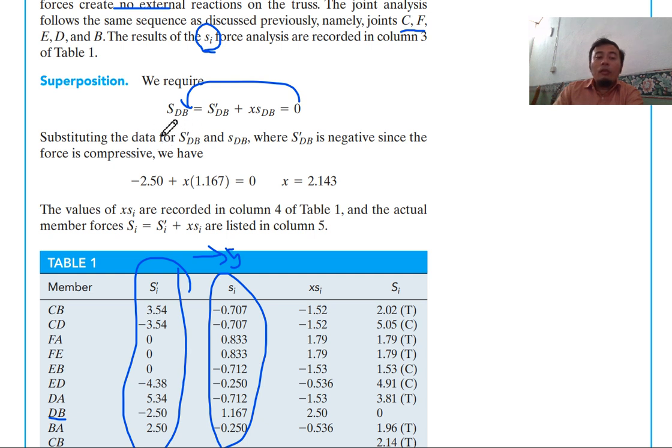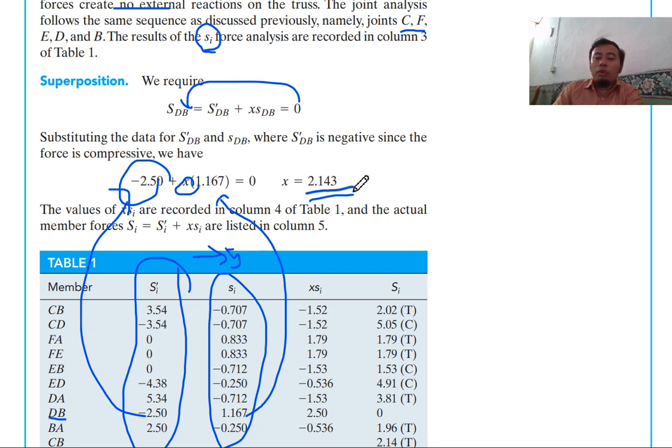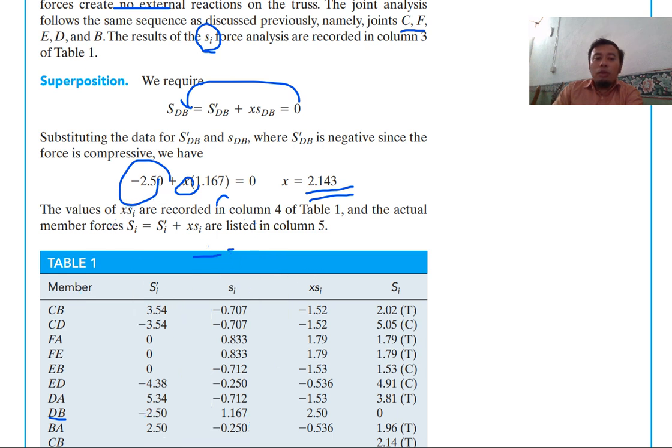So substituting the value 2.5 here, which is in compression, and then this is 1.167 for unit load, the force acting in member DB due to unit load. So you get your value of x, which is 2.143. So the value of x is recorded in column 4. The value of x times S_i is given in this column.